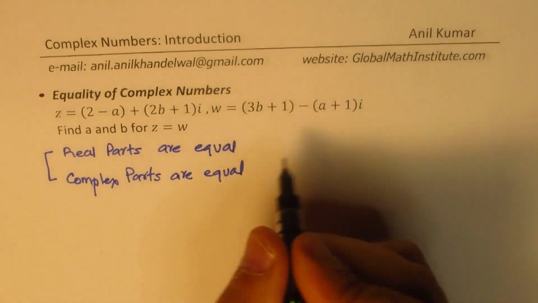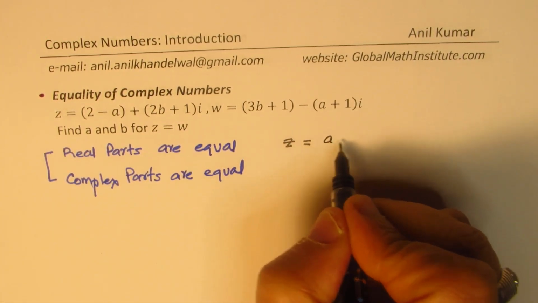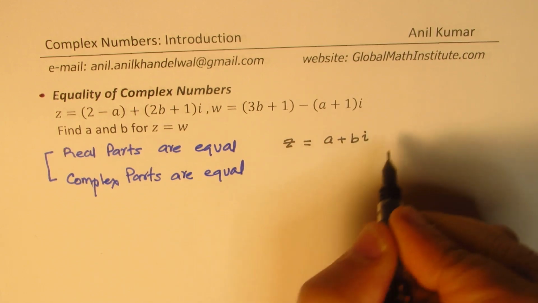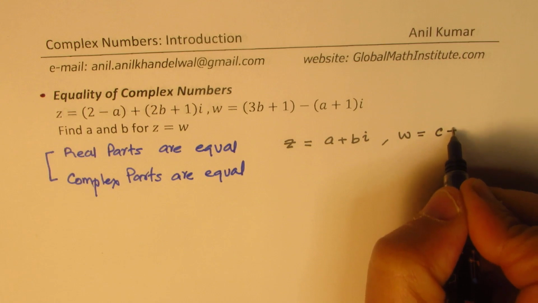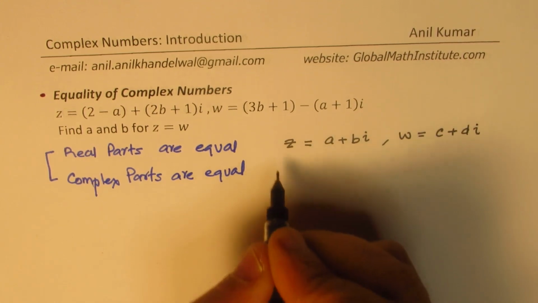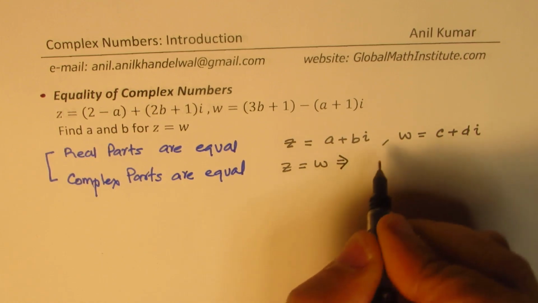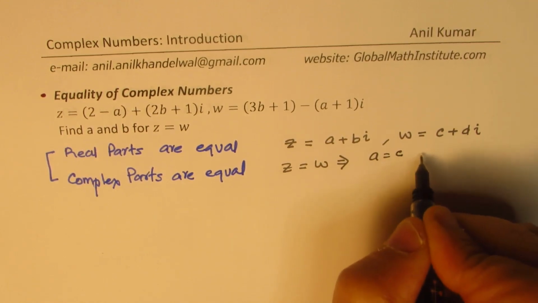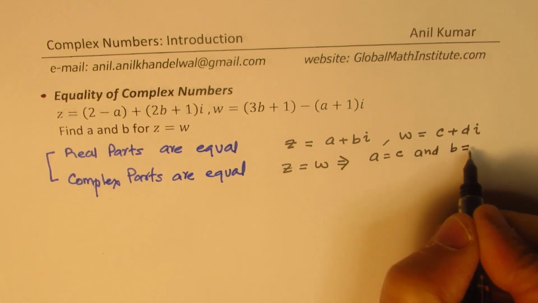So in general, if I have a complex number z as a plus bi, and if I have w as c plus di, and if z is equal to w, it really implies that a is equal to c and b is equal to d, right?